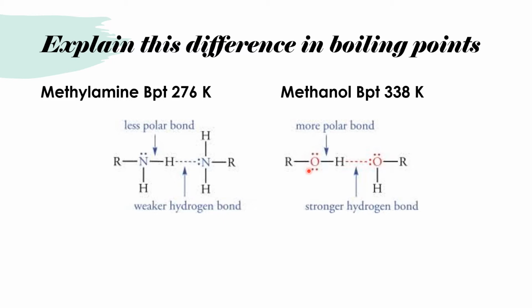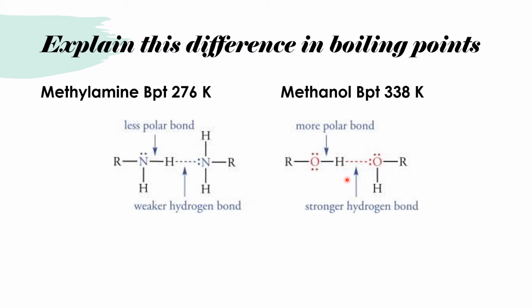So it's the most electronegative. Then oxygen's beside it, and then nitrogen's beside that. So oxygen is more electronegative than nitrogen, which means the bond will be more polar and the hydrogen bond will be stronger. And it's this hydrogen bond that dictates the boiling point. So the one with the stronger hydrogen bond will have the higher boiling point.